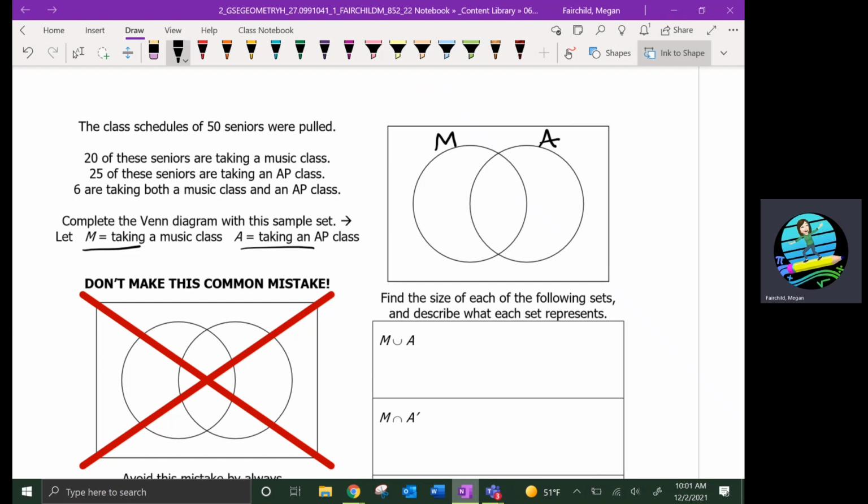All right, if you wrote your numbers in there, go ahead and add them up. What should they add up to? 50, right? Where's your number?